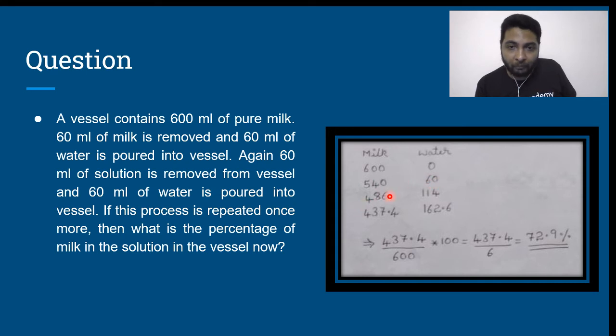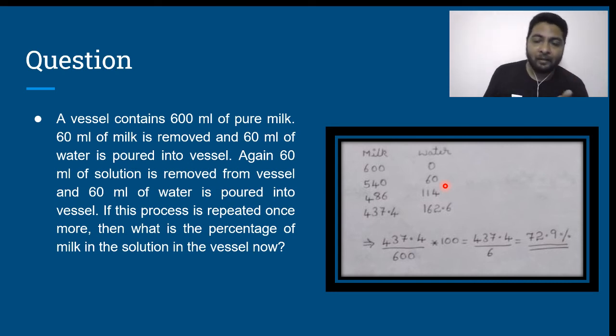Now from this vessel, if I am taking 60 ml, can I say the entire 60 ml will be milk? It's impossible. Can I say the entire 60 ml will be water? That's also not possible. So when I take out 60 ml, the amount of milk that goes out and the amount of water that goes out will be in the same ratio as the milk and water in the entire solution.